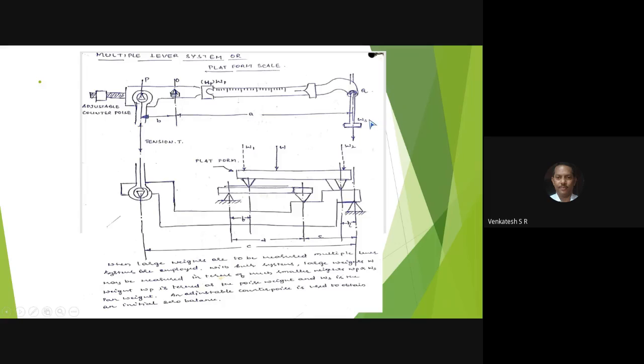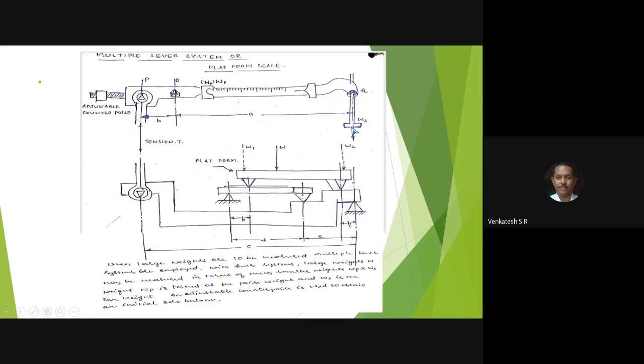Here the manufacturer of the scale provides the dead weights of 5 kgs, 10 kgs, 20 kgs, 50 kgs, 100 kgs. That dead weight you have to place on one end of the beam.